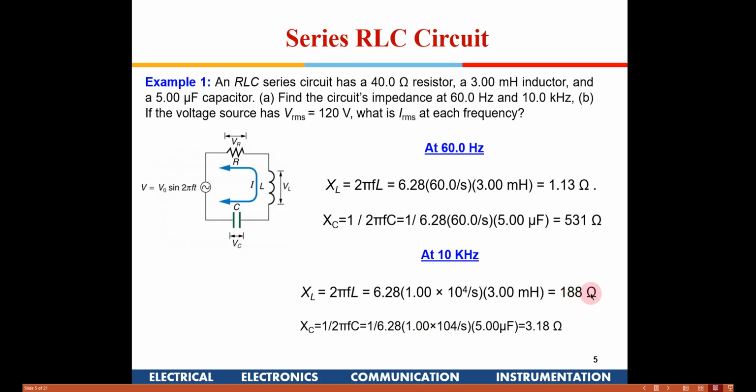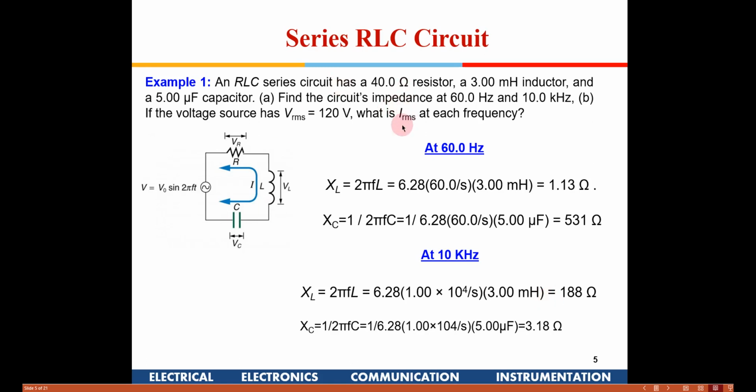At high frequencies, from 1.13 ohms it is now offering 188 ohms, a higher impedance, whereas the capacitor, which was offering a high impedance at low frequencies, at 10 kilohertz is offering much lower, because a capacitor almost acts like a short circuit at a higher frequency. So this is how the impedances of the inductor and the capacitor look at these two frequencies.